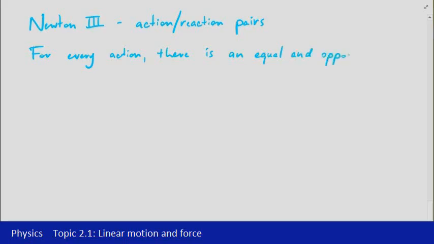When we say action and reaction here, what we really mean is an action force and a reaction force. So another way to think of it that's a little bit more detailed: if one object exerts a force on a second object, so that would be the action force.